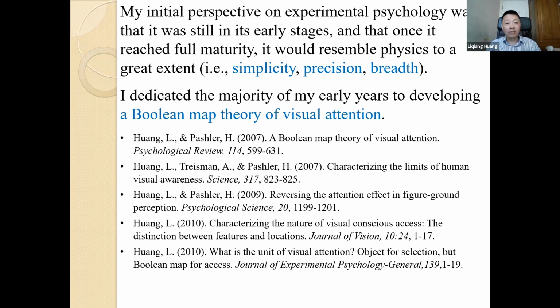What do I mean exactly by being like physics? Basically, we would have a theory that is simple, precise, and broad. As we all know, in social science we are not quite there yet. But at that time, I thought we would be there, as long as we worked hard.